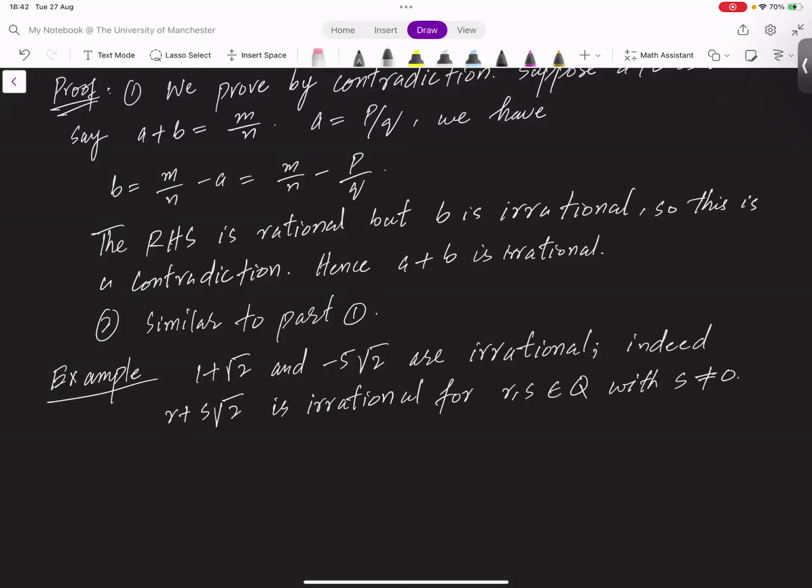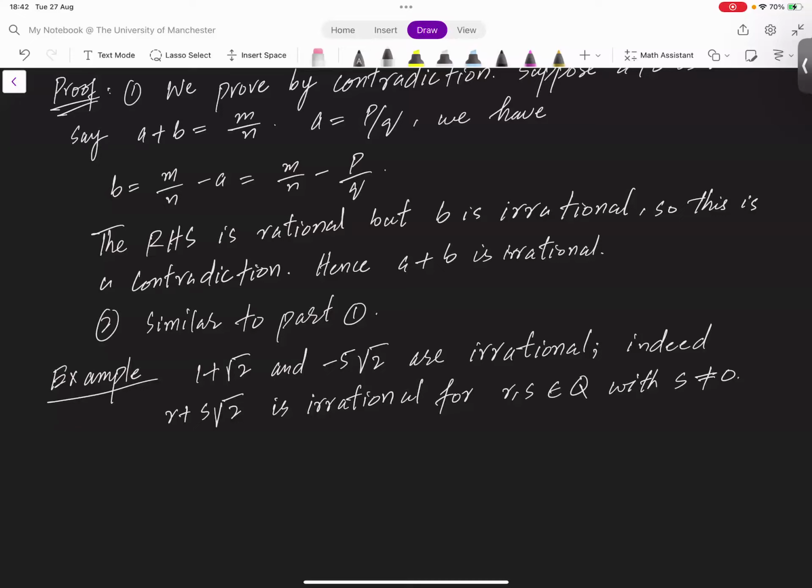Note that there exist many further irrationals, but not of this form. For instance, under root 3 is irrational, and there are no rationals r and s such that under root 3 is equal to r plus s into under root 2. Thus, there are many irrationals in some sense.